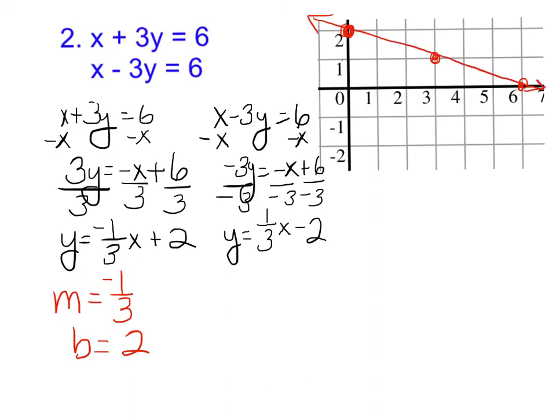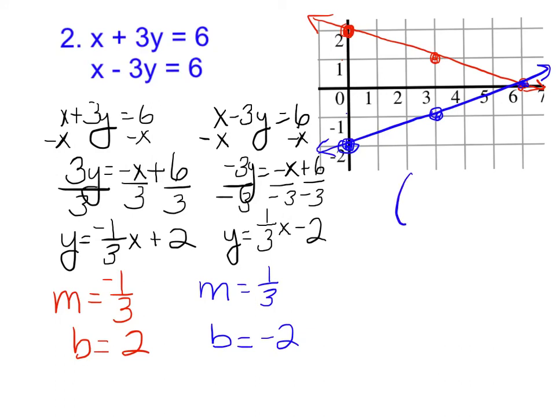The second equation has a slope of positive 1/3, therefore we're going to go uphill, and it crosses the y-axis at an intercept of negative 2. So we have negative 2, up 1, over 3, and therefore it crosses at 6, 0. And that's it.